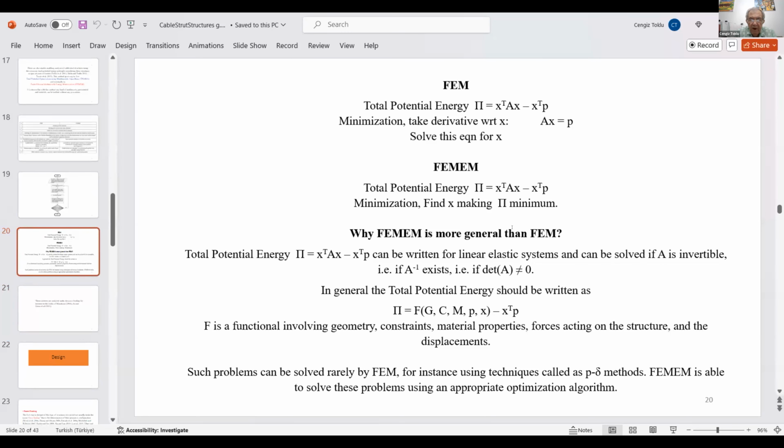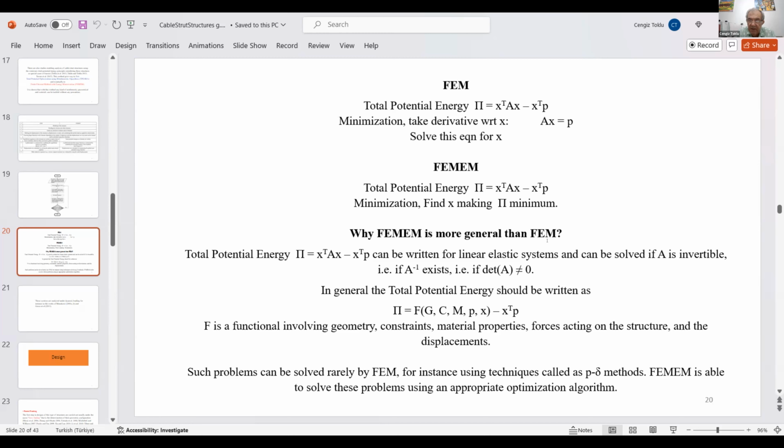Now, why is FEMM more general than FEM? Because if we want to solve the problem by the finite element method, the matrix A must be invertible. That means its determinant must not be equal to 0. Otherwise, we say that the matrix is ill-conditioned and there is no solution. Actually, this is not true.